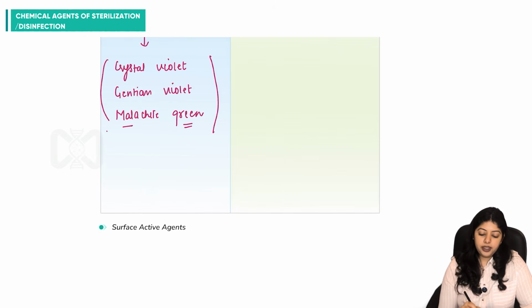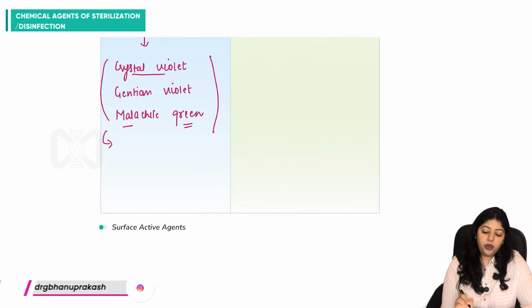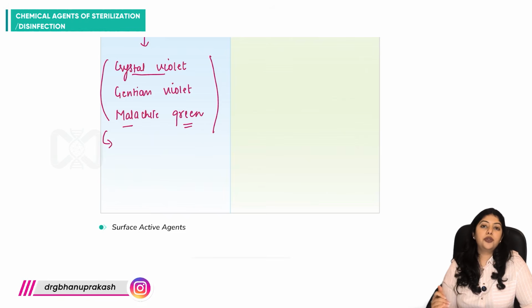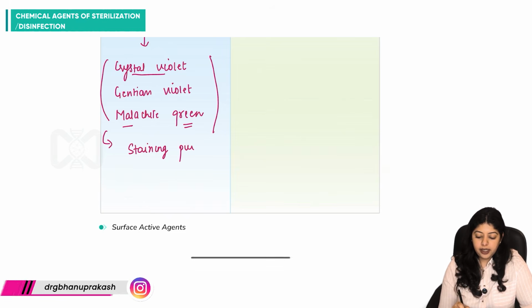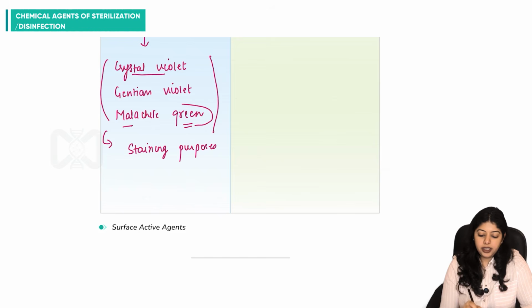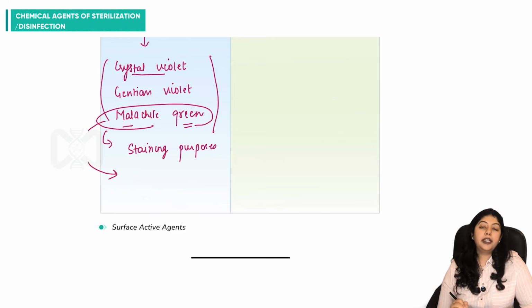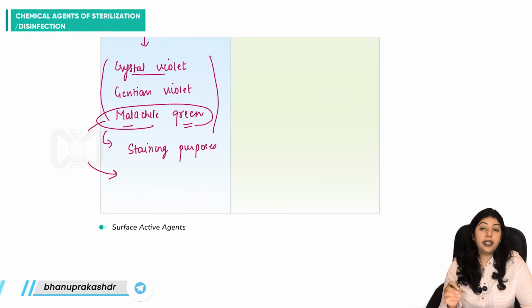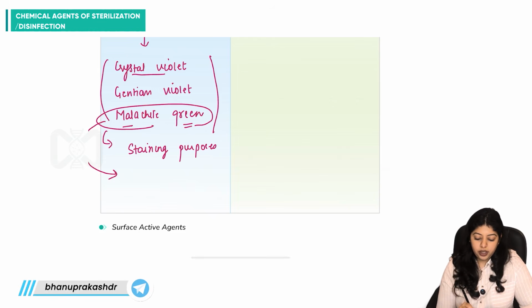Firstly, crystal violet and gentian violet are used for staining purposes. And malachite green is also an important coloring agent which is used.